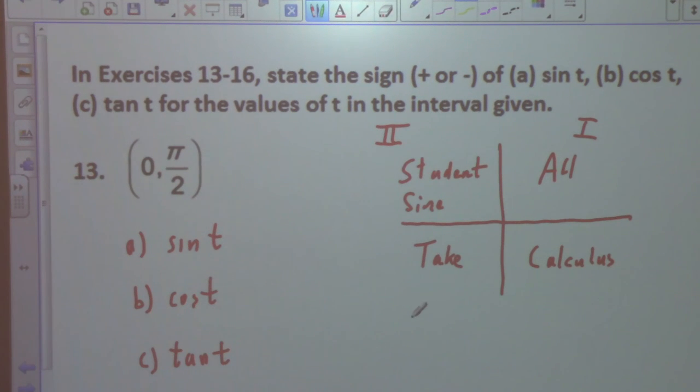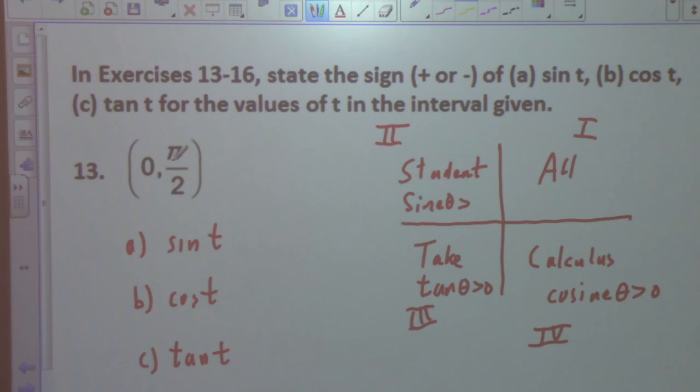Here in quadrant 3, what is positive? So tangent theta is greater than 0. Here sine theta is greater than 0. And here in quadrant 4, what is greater than 0? So cosine theta is greater than 0.